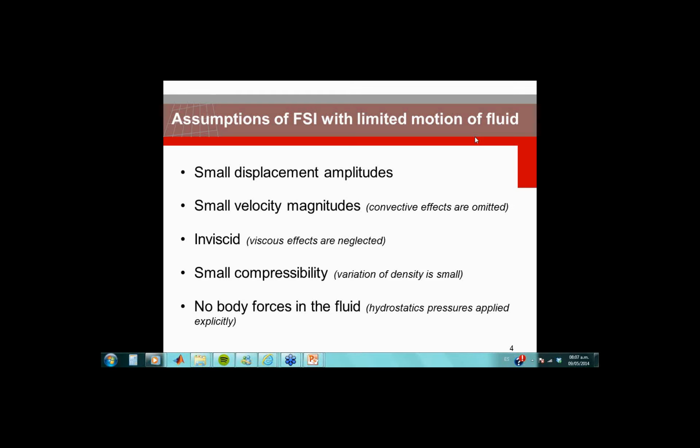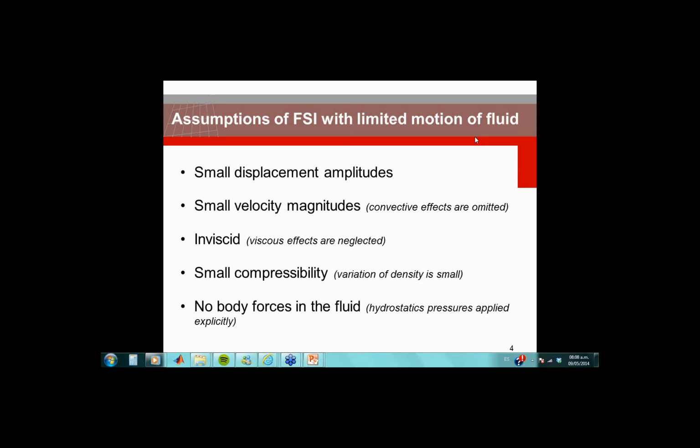As civil engineers, our main purpose is to model the structure we are going to design, but in the case of the fluid, we do not need to model it with the default assumptions. So we can limit the assumptions we make for the fluid.